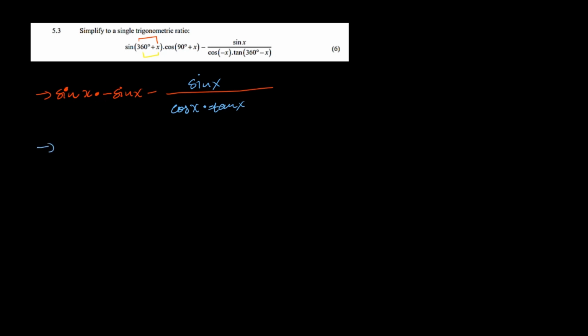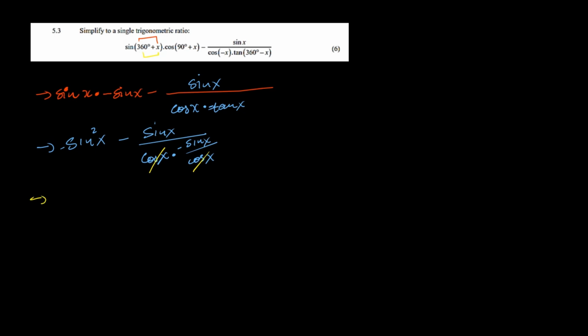Subsequent to this, we can write this as negative sin squared x minus sin x. We don't know if we'll need to come back and re-simplify it, but we will see. Cos x multiplied by, remember tan x has its identity, it's the same as negative sin x divided by cos x. Now moving forward, these two will divide each other.